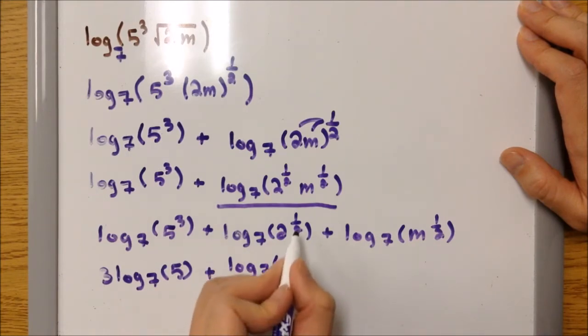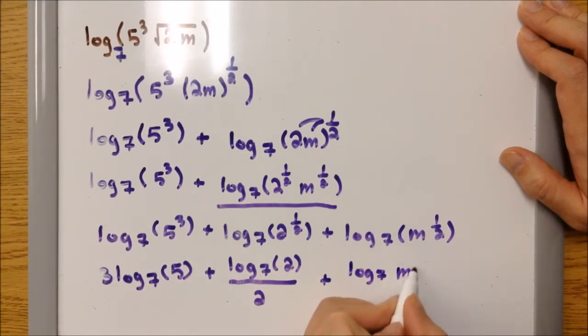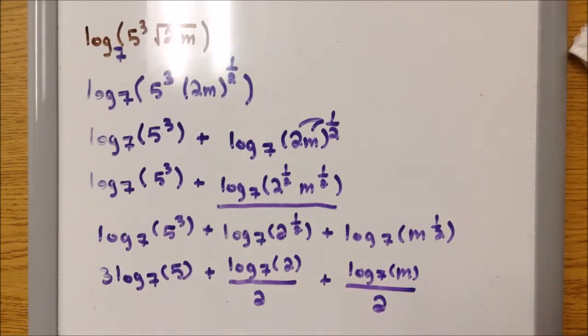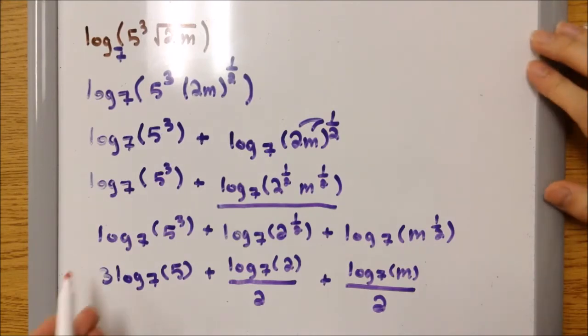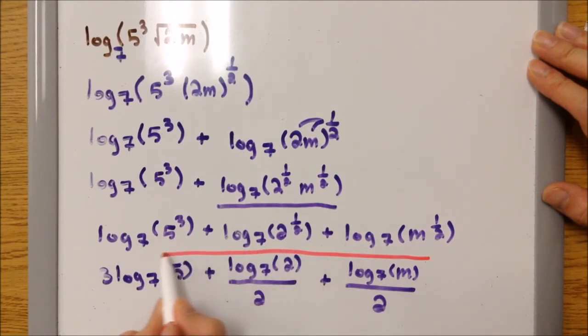Again, the 2 is from the denominator of the rational exponent, and then plus log base 7 of m over 2. So that's all I can do. Nothing else I can split from the product property, nor can I move the exponents. So this is our answer.